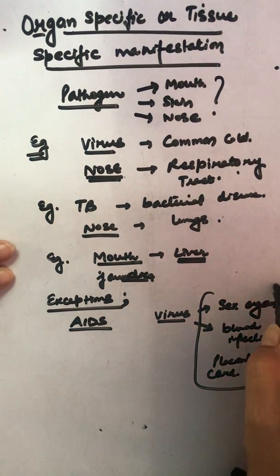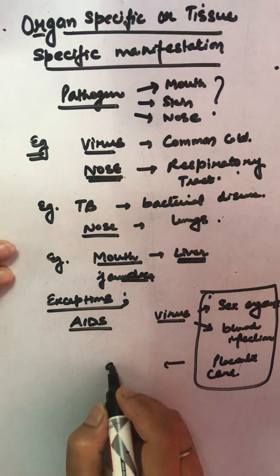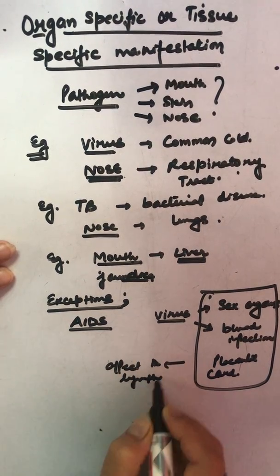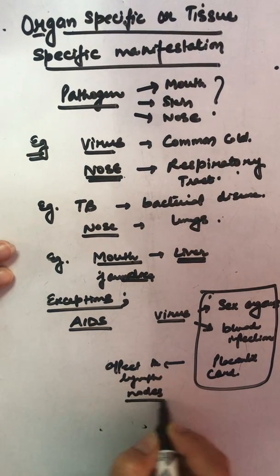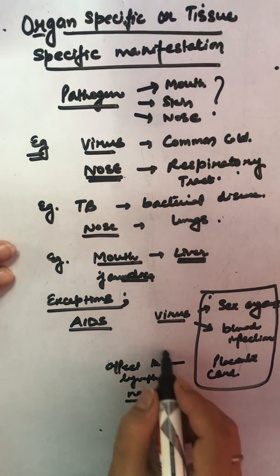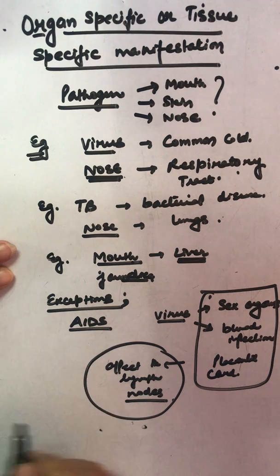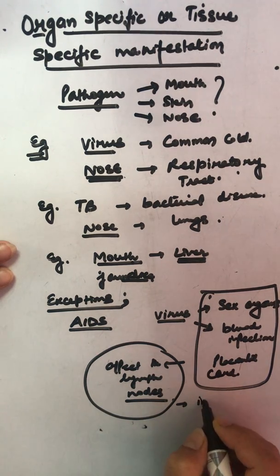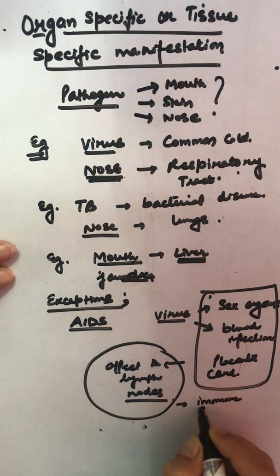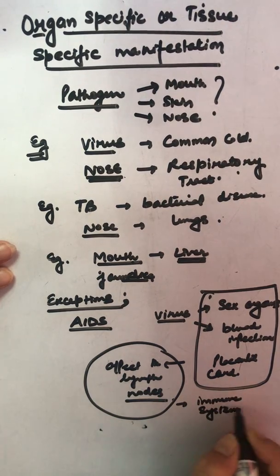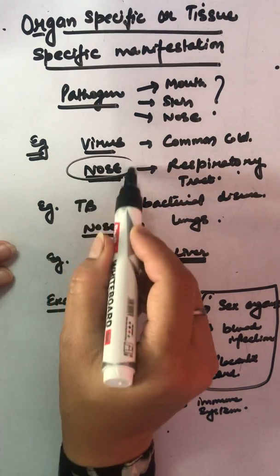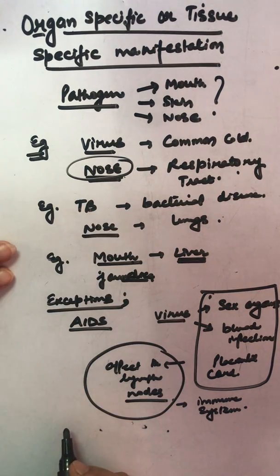But what is the effect? If it enters, it affects the lymph nodes, and all over the body it spreads, which will make the body lose immunity, meaning our immune system is attacked. So in this case we cannot say that the pathogen is site specific.